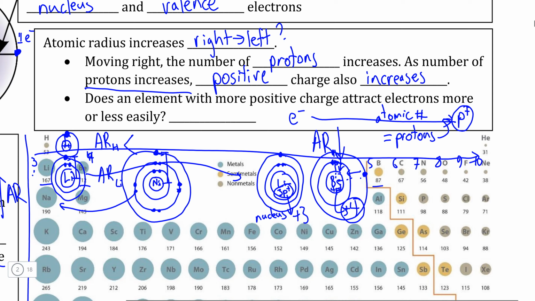And as the number of protons increases, the amount of positive charge that the nucleus has is also going to increase. Now, the simple question: does an element with more positive charge attract electrons more easily or less easily compared to an element with less positive charge?